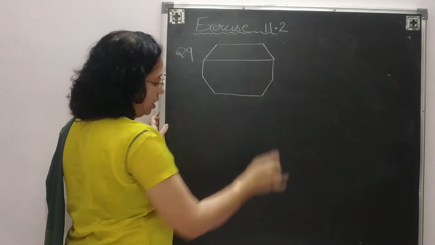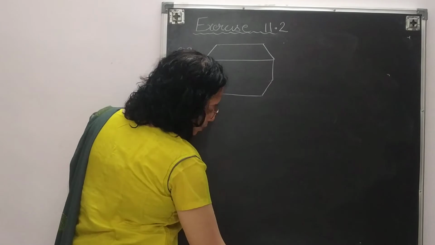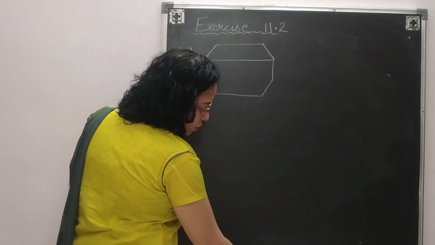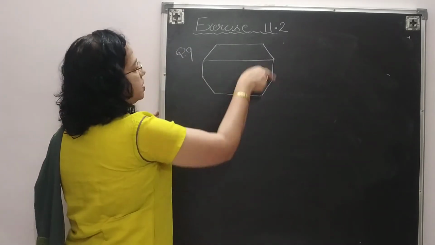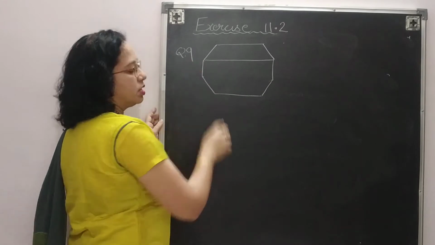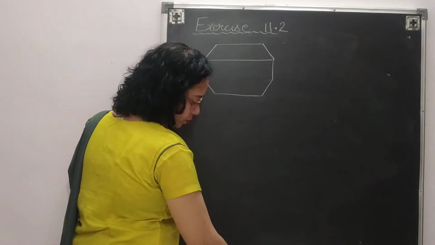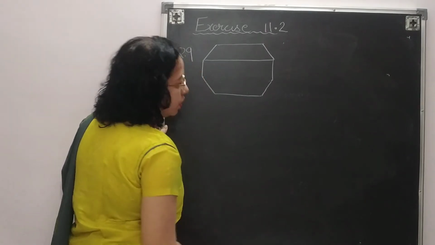This I have drawn. I will draw afterwards. Okay. So here it is given. Top surface of a raised platform is in the shape of a regular octagon. This is regular octagon. Regular octagon means all the sides, length of all the sides will be equal. Regular means sides are always equal. Shown in the figure, find the area of the octagon surface.